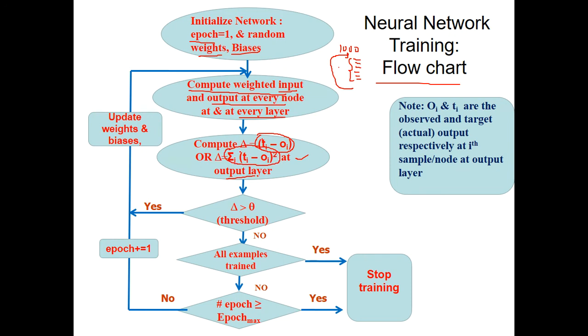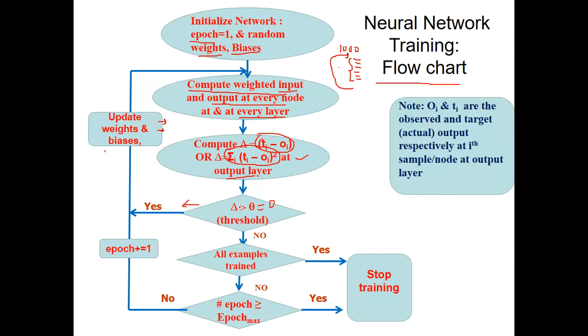Now, if this difference is greater than threshold, let us say threshold in our case 0, if yes, then you update the weights and biases using perceptron learning rule or delta learning rule, and again you start computing input output at every layer.